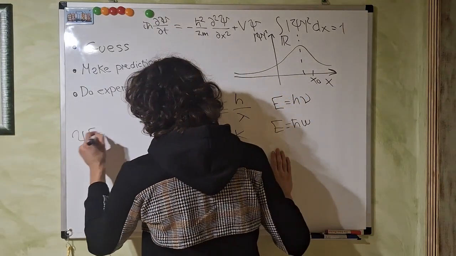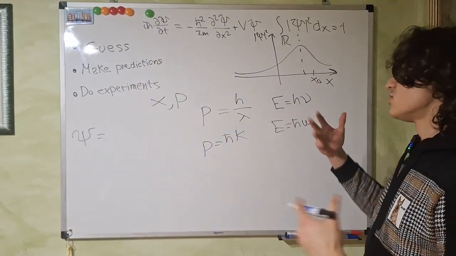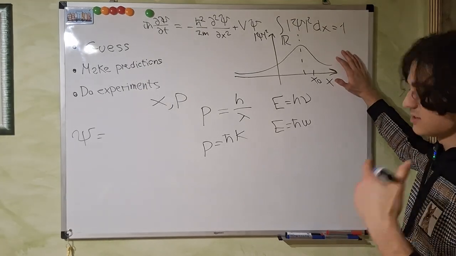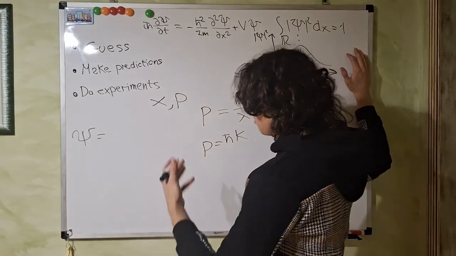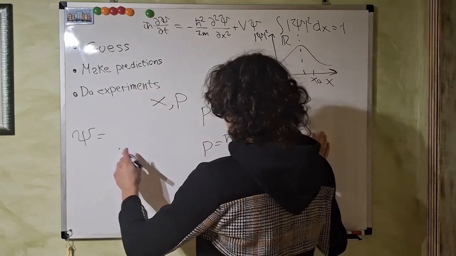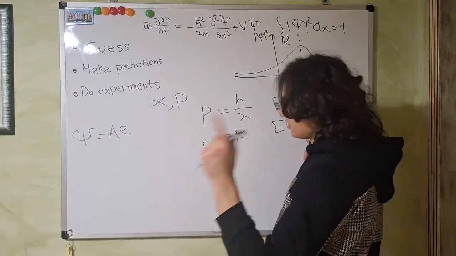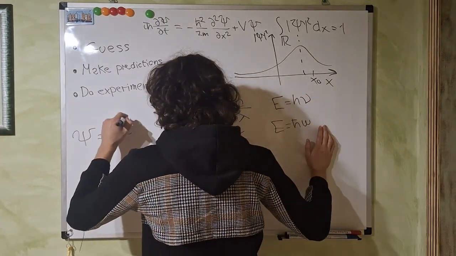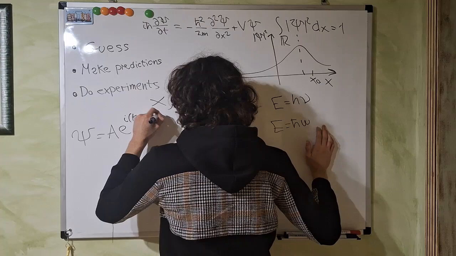So he wrote this wave. He didn't know what psi, the wave, was. Then we understood that it could be interpreted as a probabilistic wave. And it started with this plane wave. We're talking about one dimension here, by the way. So this is kx minus omega t.